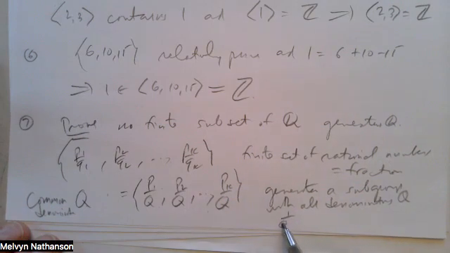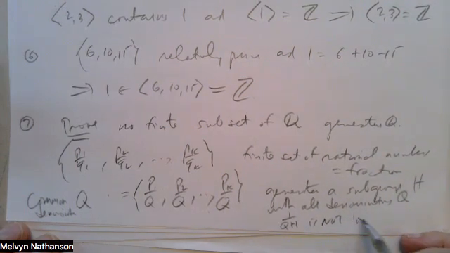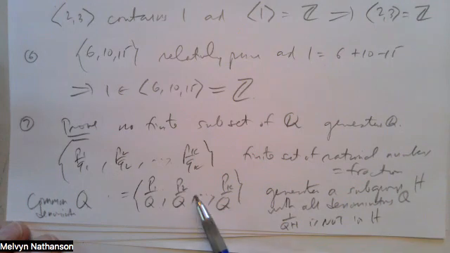So for example, 1 over Q plus 1 is not in H, let's call the subgroup H. So if you have a finite set of fractions, you can write them with the same denominator.